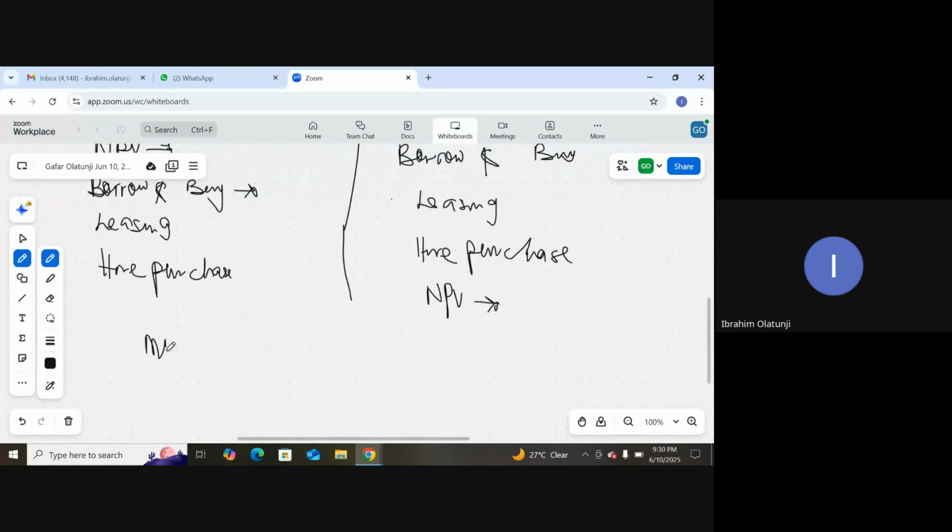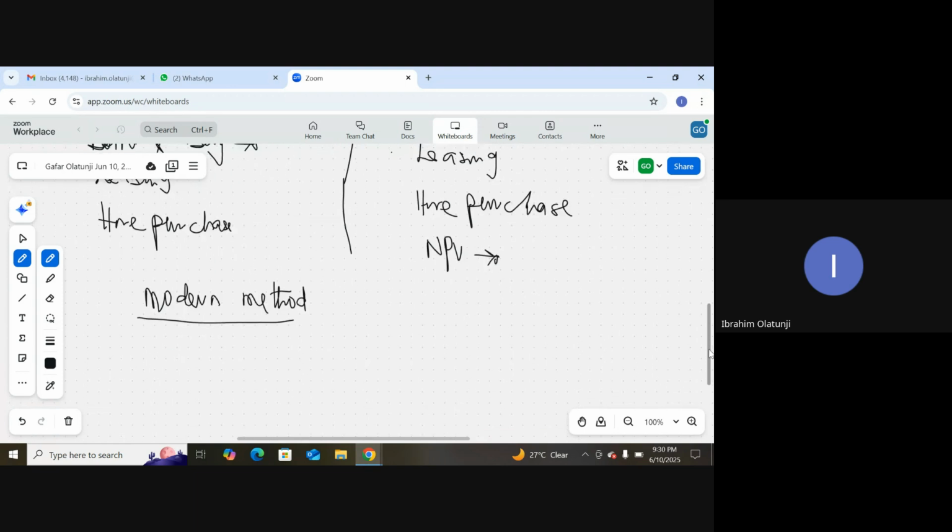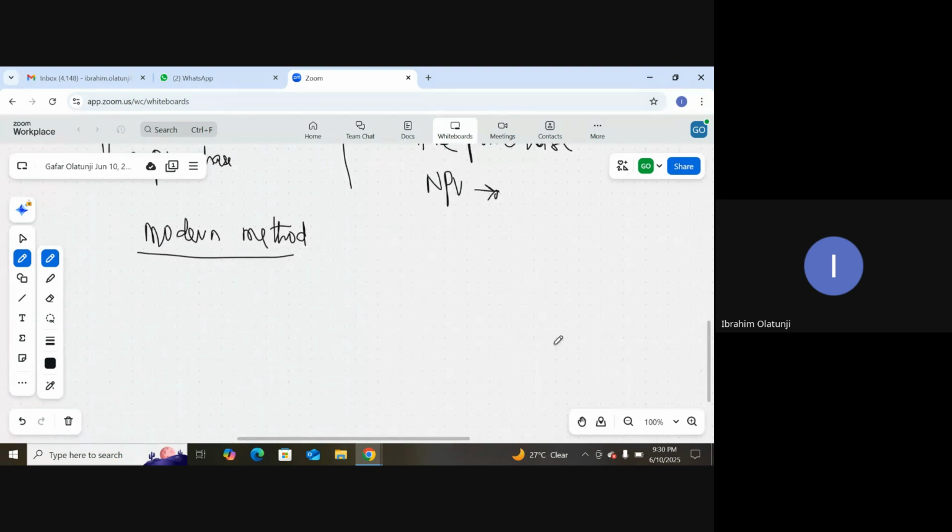Go and watch the video under the traditional method, then you are going to get it because it's the same way under the modern method. So it is NPV that I want to compute now, because the requirement for that is different here.